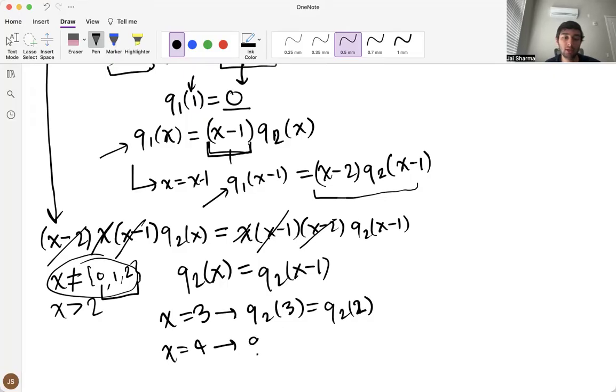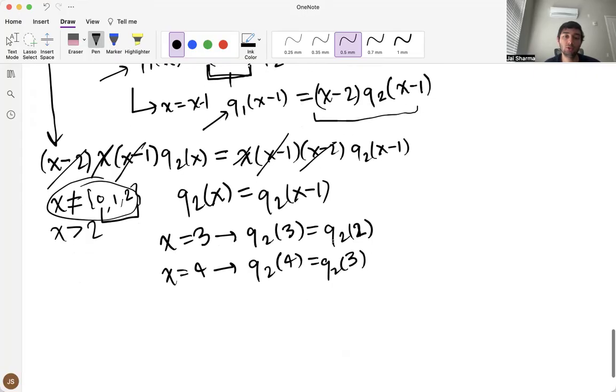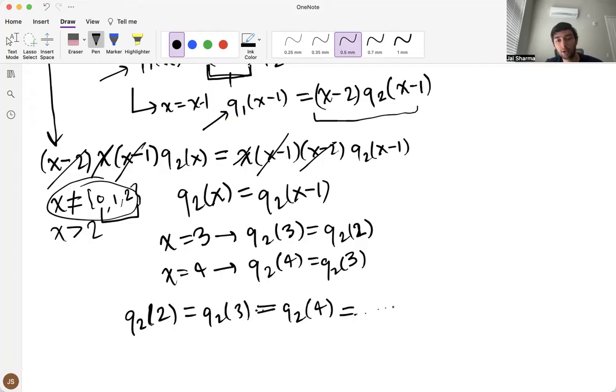Then q2 of 4 is equal to q2 of 4 minus 1, which is 3. So that means that q2 of 2 is equal to q2 of 3, which is equal to q2 of 4, which is equal to q2 of 5, which is equal to q2 of 6, and so on and so on, all the way.